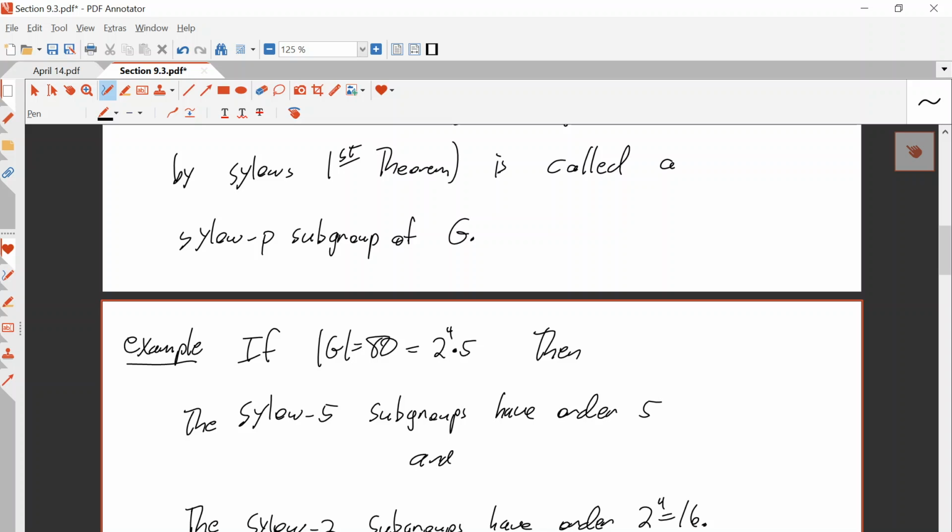So in a group of order 80, you have Sylow 2 subgroups, which have order 16, and Sylow 5 subgroups, which have order 5.